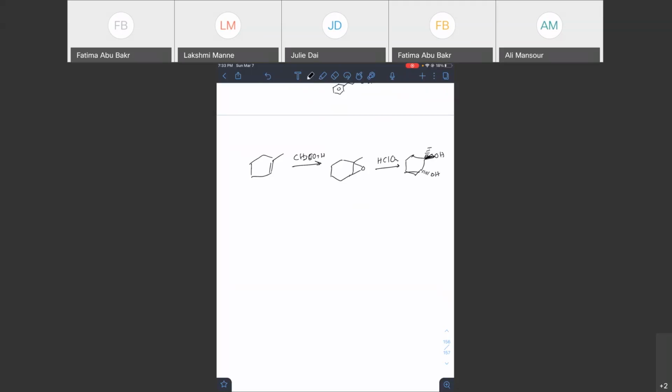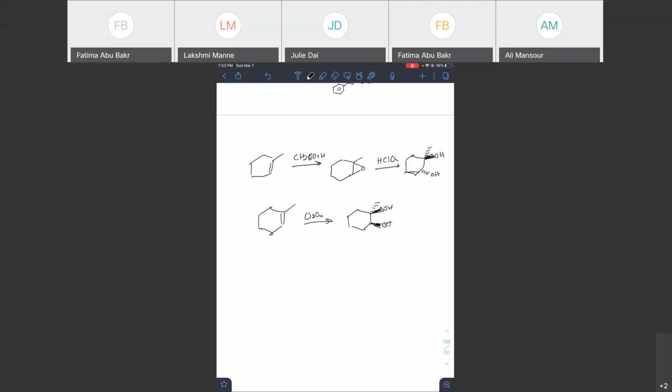If you want to make two OHs that are syn to each other, you just do OsO4, which we've already done before. So OsO4 turns them into syn, so both OHs are in the same direction.